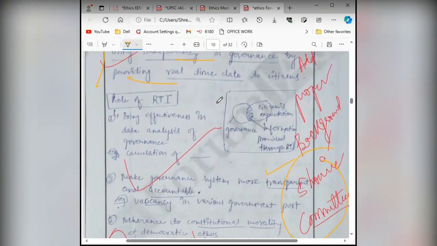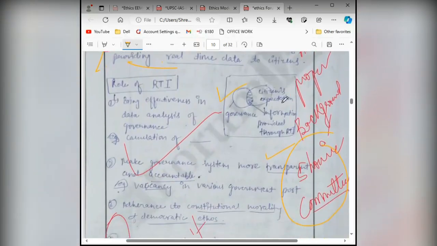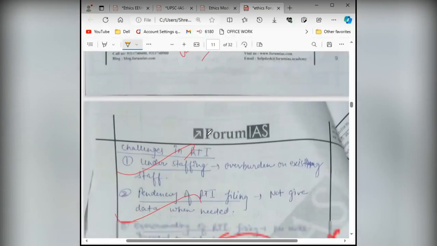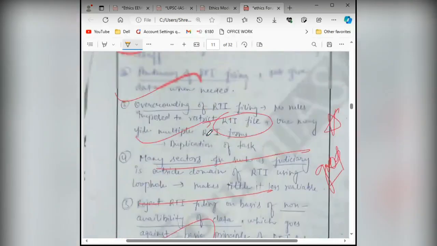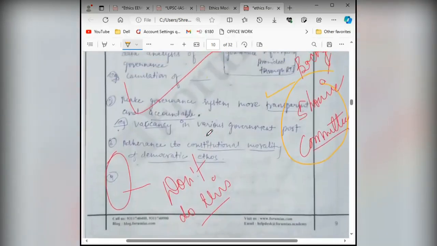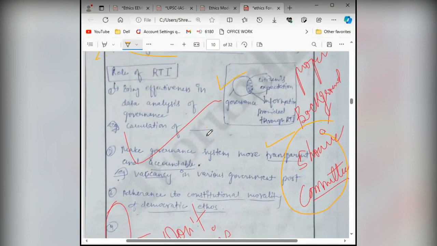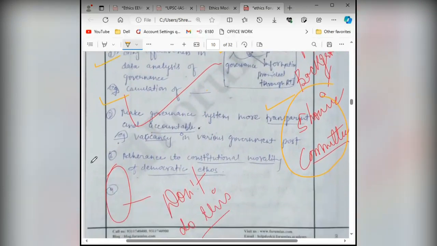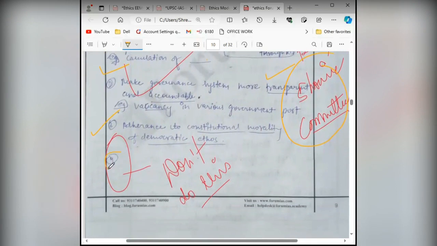Coming ahead, you can see she made a diagram over here, a flowchart kind of. This is how you have to make diagrams in your answers. One thing I can show you that Princey sometimes used to do: she will write points 1, 2, 3, then drop a point but forget to write anything.